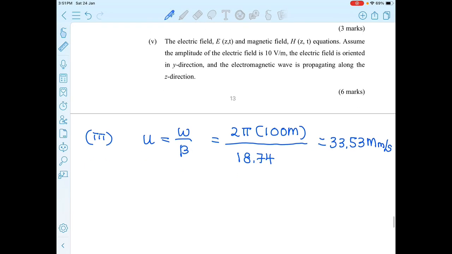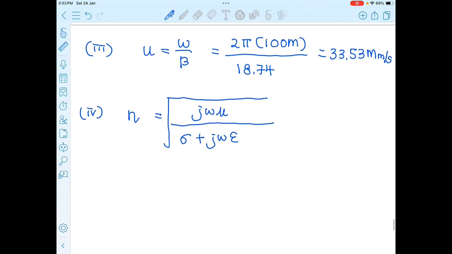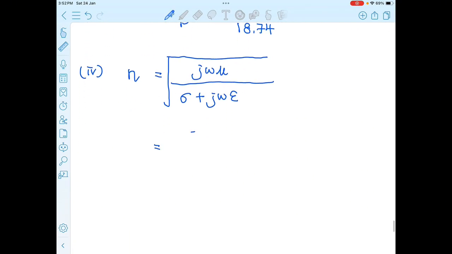Okay, intrinsic impedance. For the intrinsic impedance, you have to use this formula: the square root of j omega mu divided by sigma plus j omega epsilon. So this is the formula to use. You put omega as 2 pi f, and this is mu naught.